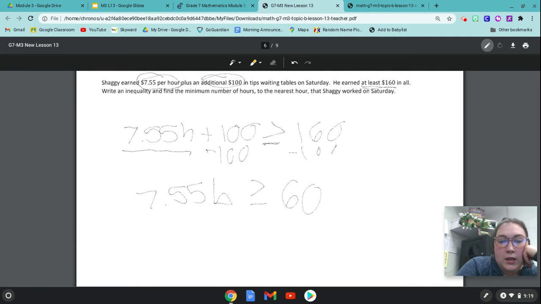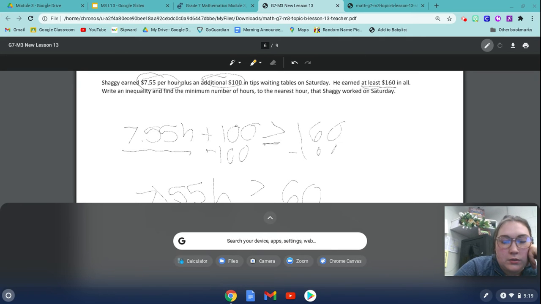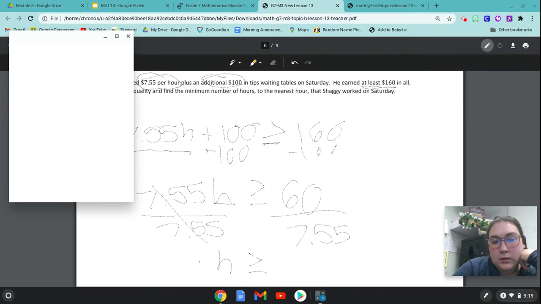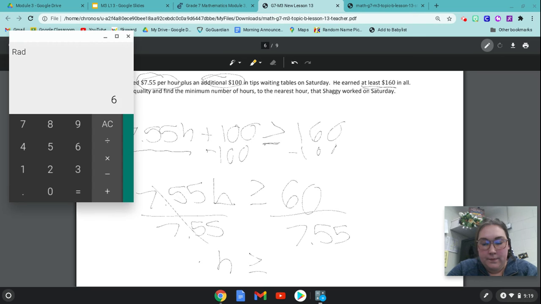Now I want H isolated, so I divide by 7.55, and I get H is greater than or equal to, well, let's see. I don't know that off the top of my head, so I'm going to grab a calculator. I'm going to go 60 divided by 7.55.